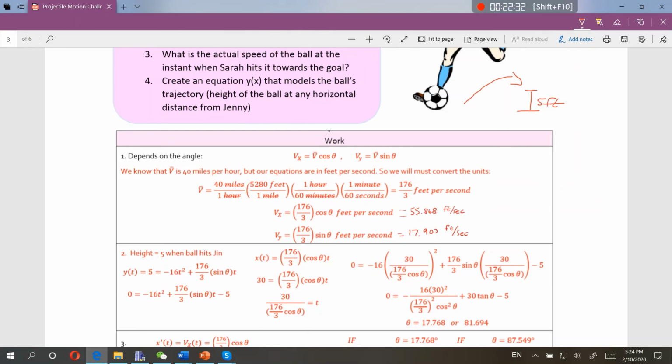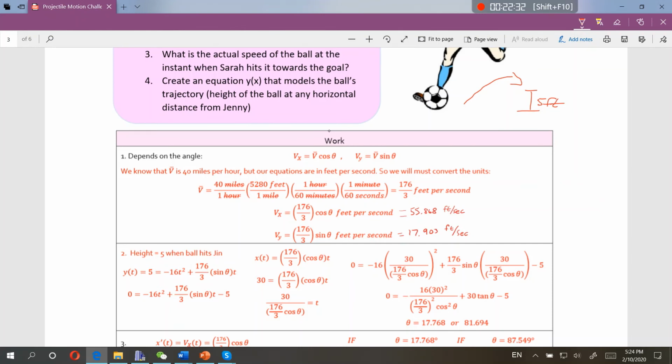So I moved that 5 over to the opposite side to subtract it and set everything equal to 0. That way I can factor and solve for t. Now, I did not expect you to do this by hand. However, if you did, you could have tried to complete the square and then solve that way with a calculator. I don't expect you to do that.